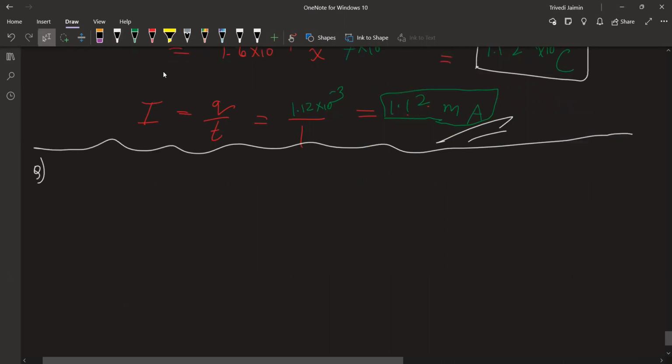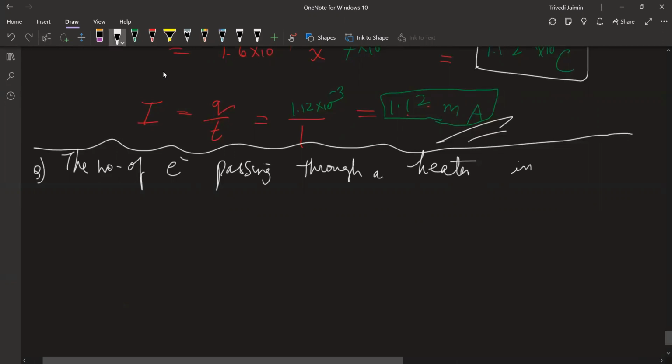Okay, this is also easy question. I'm answering. Few seconds, 30 seconds. The number of electron passing through a heater in 1 minute, if it carries current of 8 ampere.